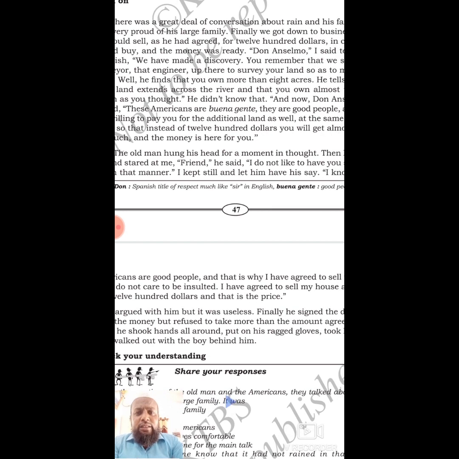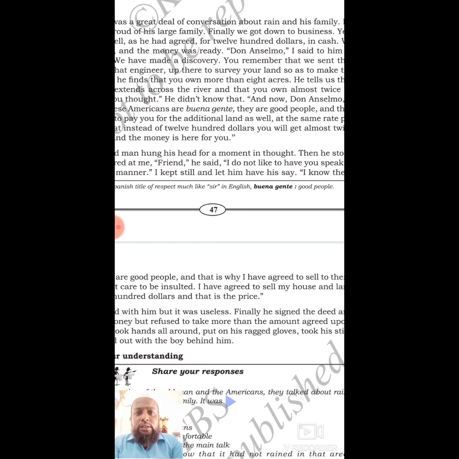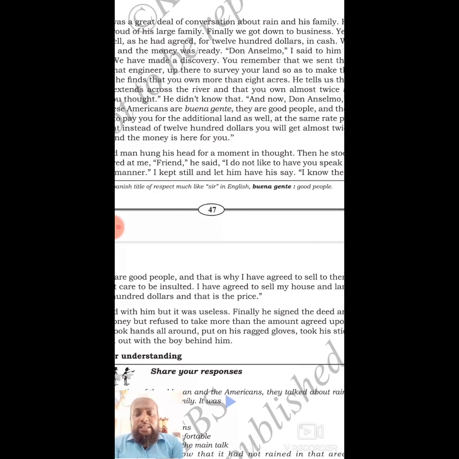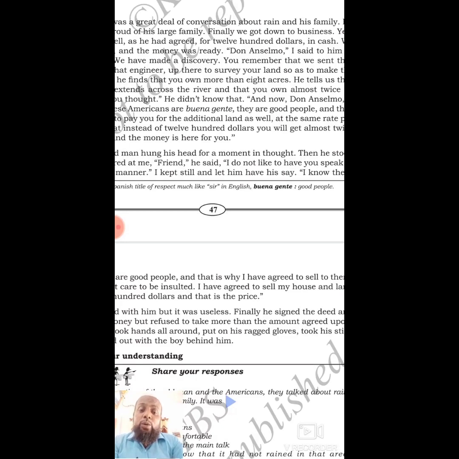Well, he finds that you own more than 8 acres. He said you are selling us 8 acres for about 1,200 American dollars, but actually your land is more than that.